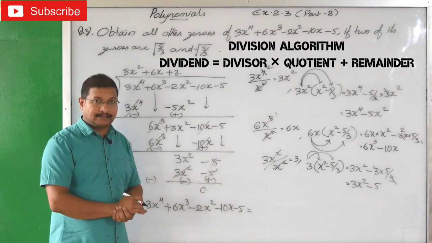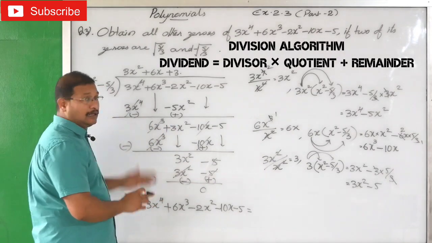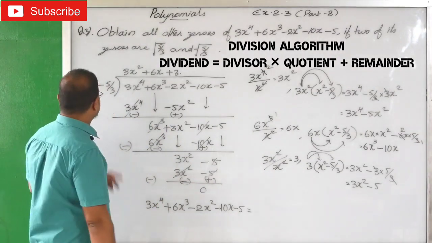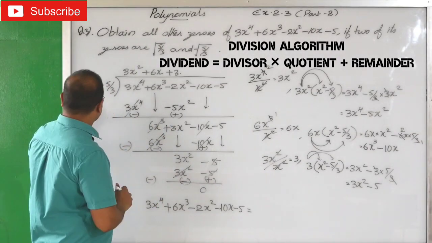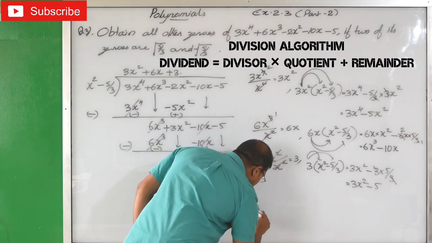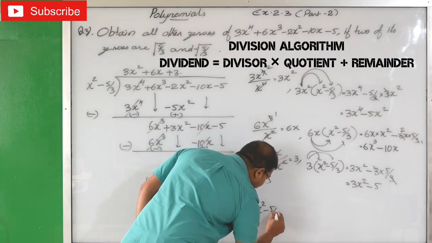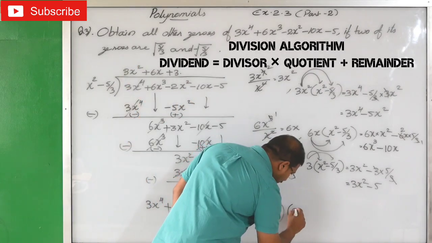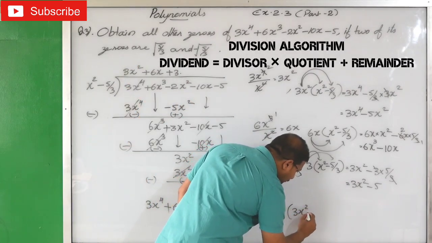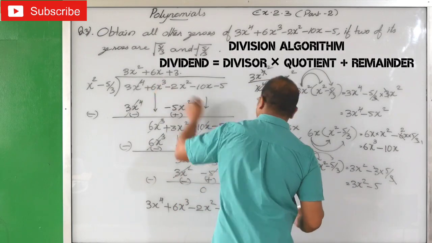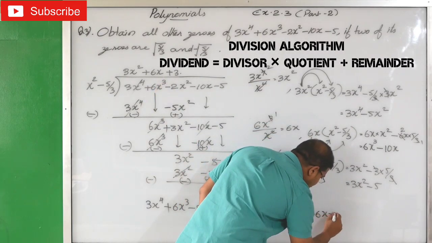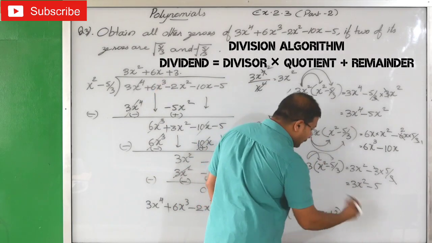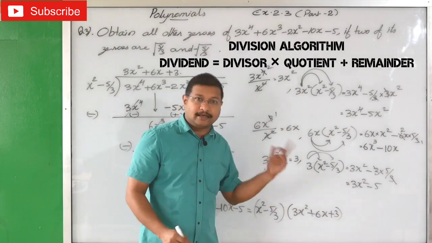Dividend equals divisor into quotient plus remainder. So the divisor is x square minus 5 by 3 into quotient. What is the quotient here? Into 3x square plus 6x plus 3 plus 0, because the remainder is 0, isn't it?